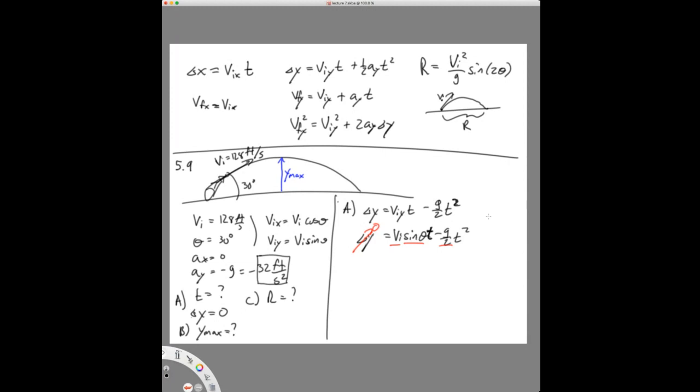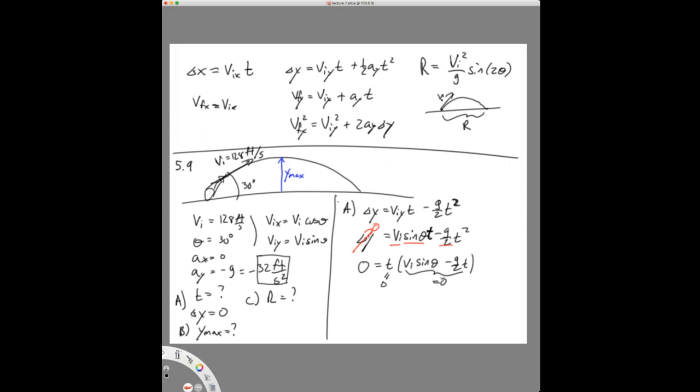So we can clearly solve this for t. And we do that just by factoring out t. That gives me t times the quantity Vi sine of theta minus g over 2 times t. And this is going to be solved if either t equals 0 or this whole expression equals 0.